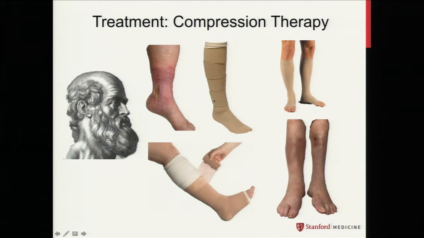There are devices with Velcro you can wrap on. You can see this is a patient who had one leg wrapped and one leg not wrapped. It's the same patient, same leg, but one had compression, one did not. So if you have venous insufficiency and swelling, you can see that the compression therapy really works.